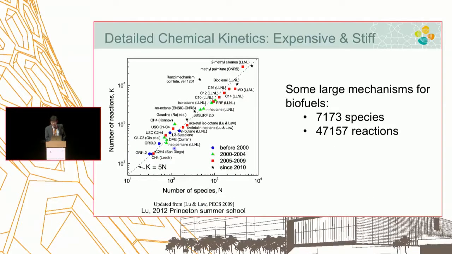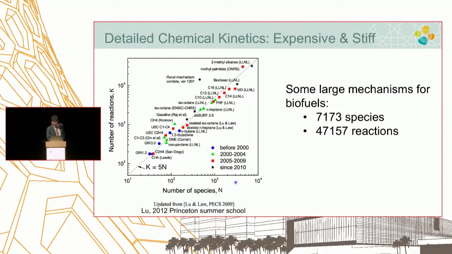Here's some important discussion I would like to make. More and more people want to run real chemistry simulations for real fuel. It's not methane anymore. We're talking about gasoline, PRF. This is the famous Lu Law diagram about how much we have gone crazy about detailed chemistry. The number of species has grown up to here.